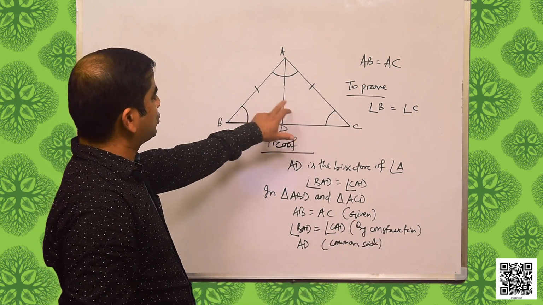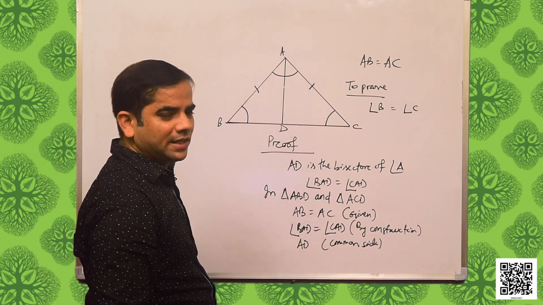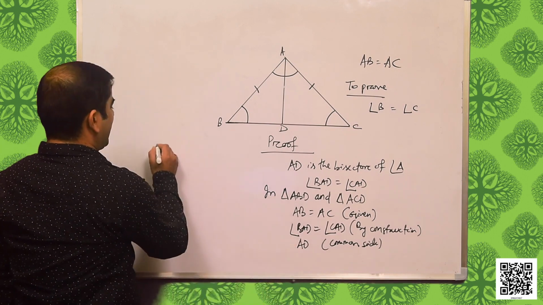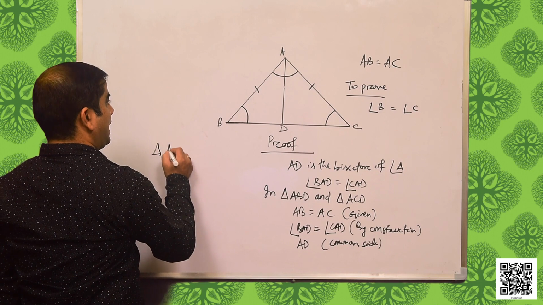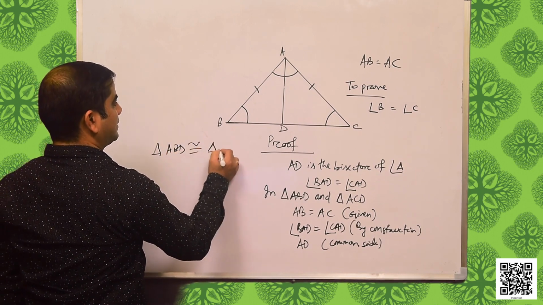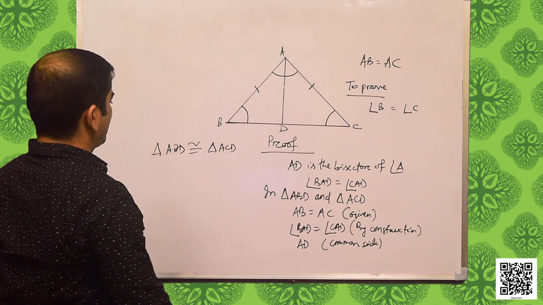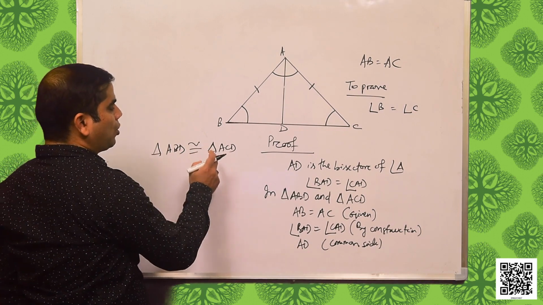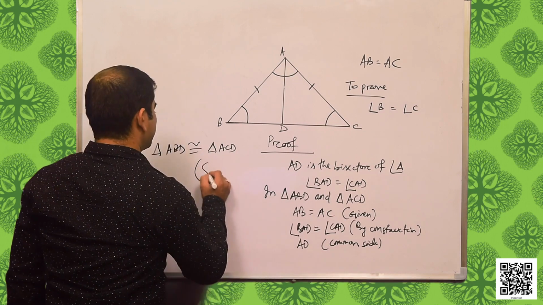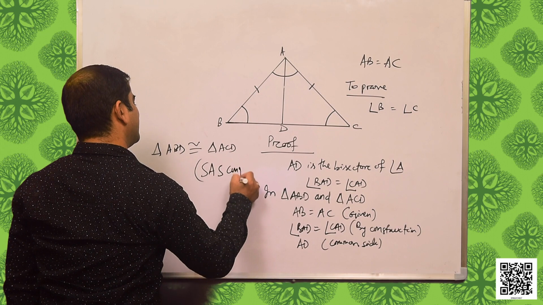So in these two triangles we have two sides and included angle equal to each other. That's why triangle ABD is congruent to triangle ACD. Triangle ABD is congruent to triangle ACD by which rule of congruency? Side angle side congruency.